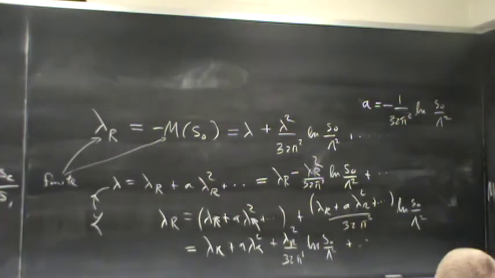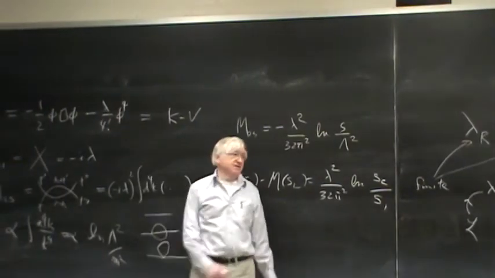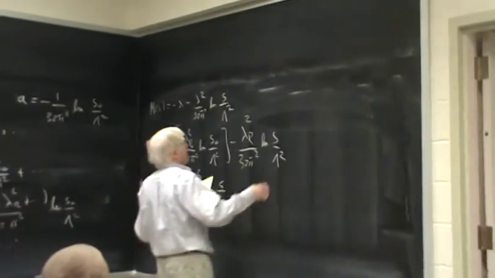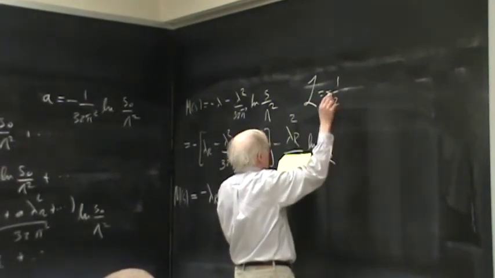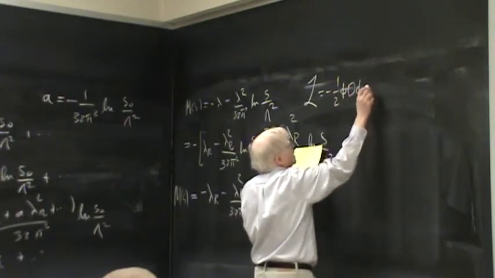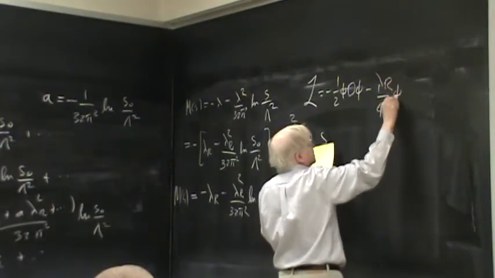The more traditional approach is to rewrite this original Lagrangian action density in terms of lambda r over 4 factorial phi to the fourth.